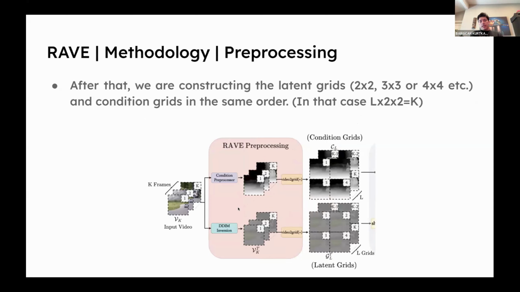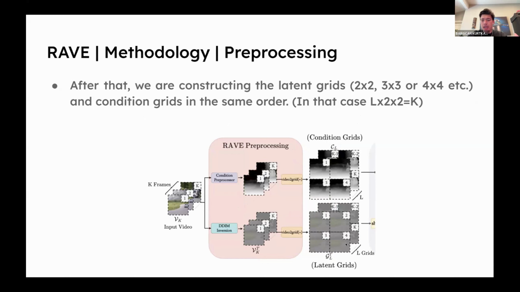After that, we are creating grids. These grids can be 2x2, 3x3, or 4x4, or even more. It's up to you, depending on how much GPU you have. But I will show that 3x3 is great and efficient.